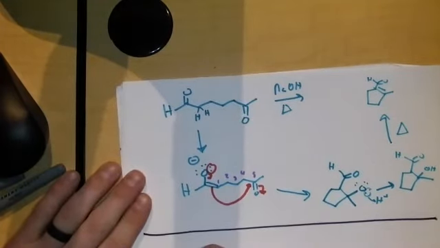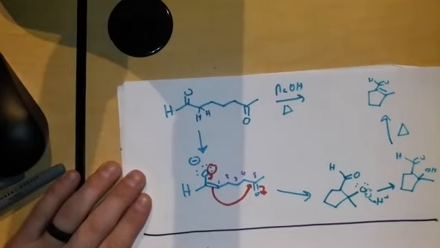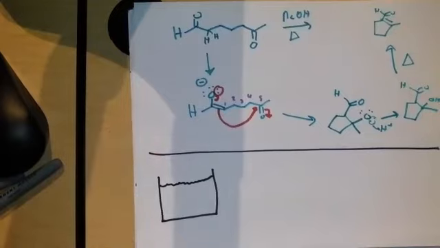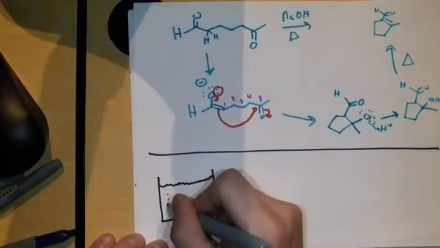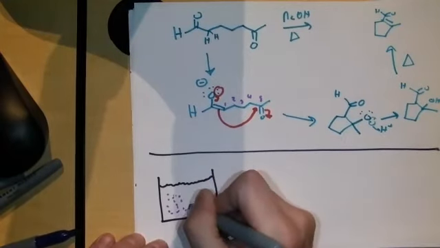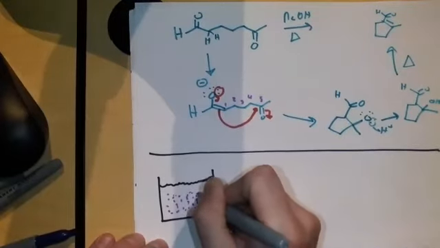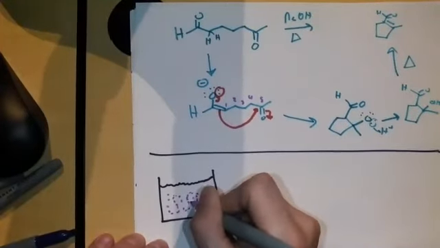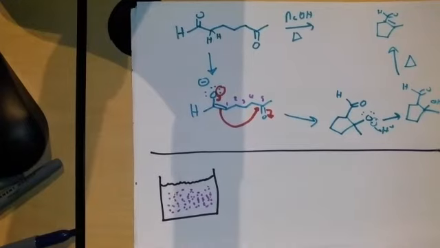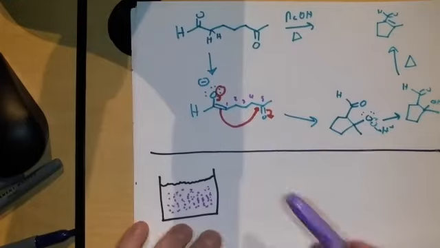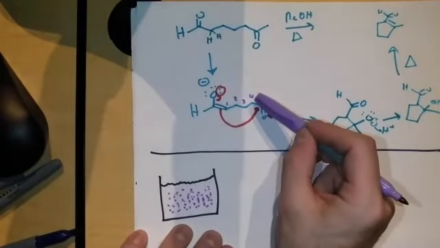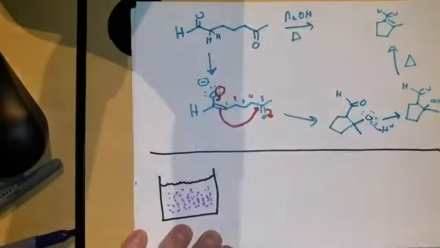But if you think about it, if I had a reaction beaker, and if I ran this at a really high concentration, then it's likely that instead of this forming your ring here, this would just attack another version of itself.